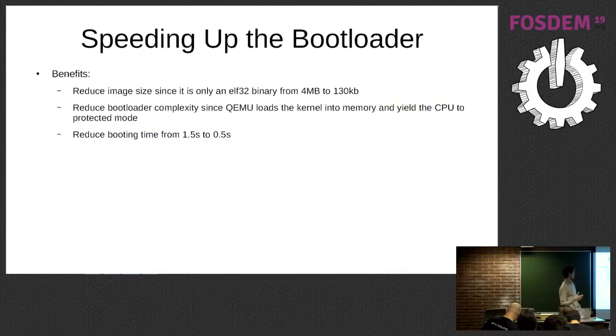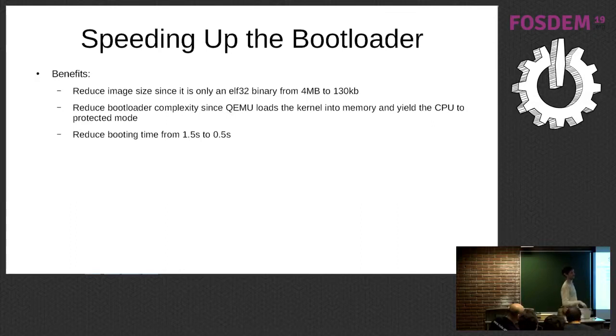So the benefits of using this option that QEMU has were many. For example, I could reduce the size of the image from 4 megabytes to 130 kilobytes because it only includes the binary, right? That reduces a lot of the complexity of the bootloader because you don't need to jump to protected mode and some stuff.